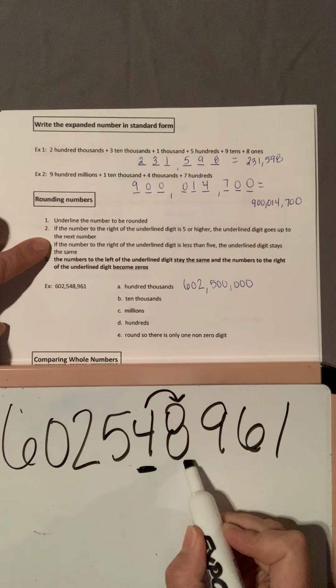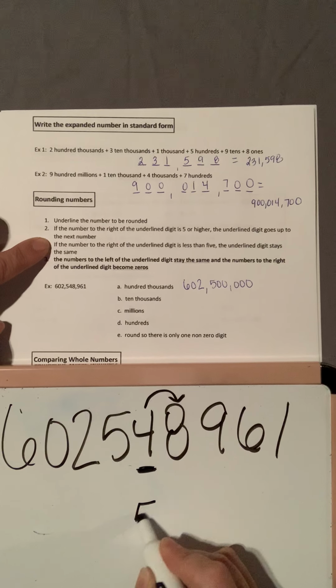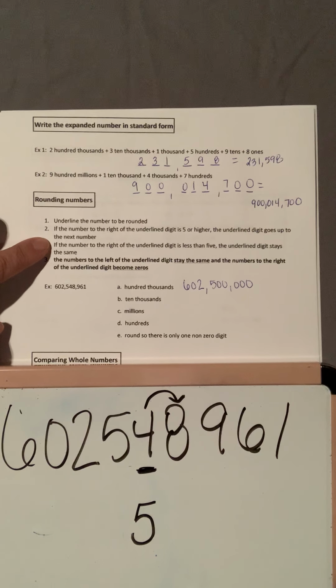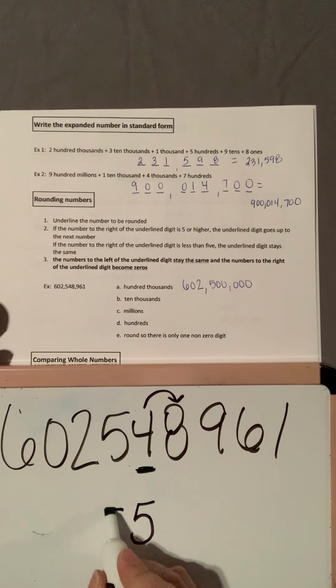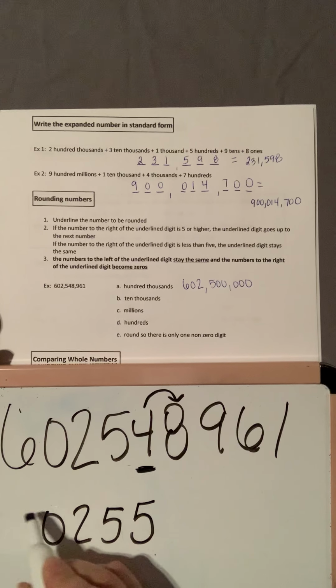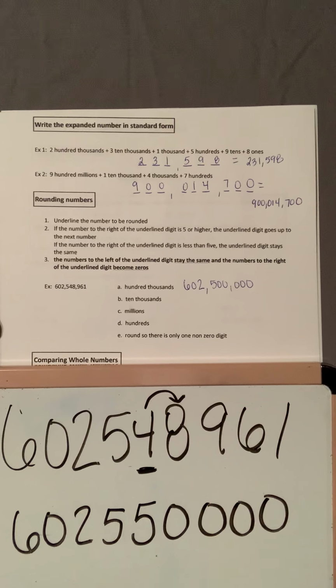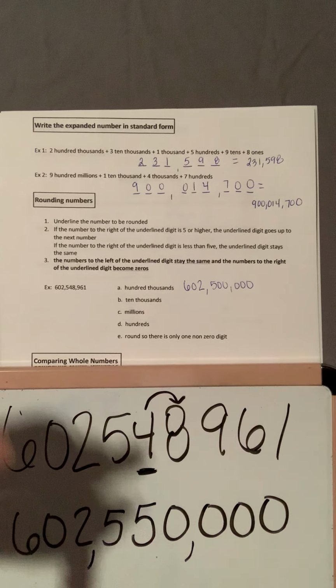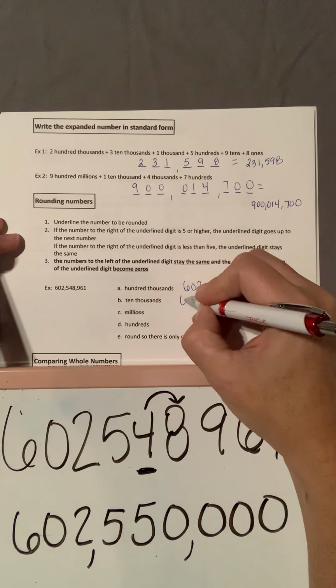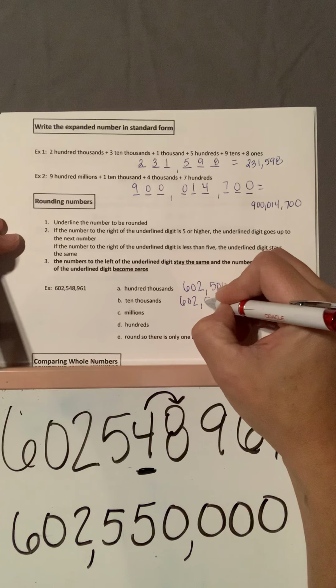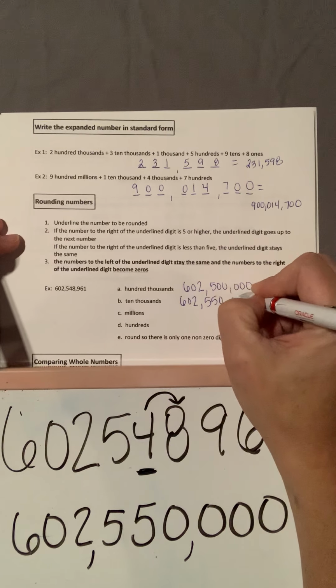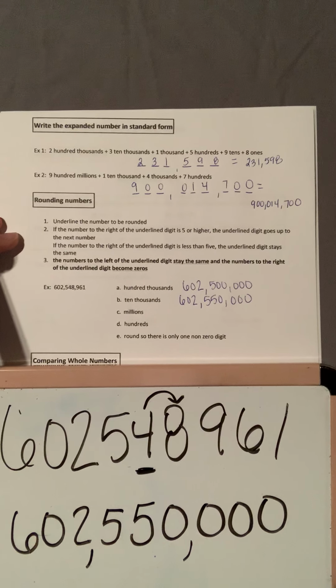So that's 5 or higher, so 4 is going to go up to a 5. Everything before it stays the same. Everything after it becomes a 0. So this is 602,550,000.